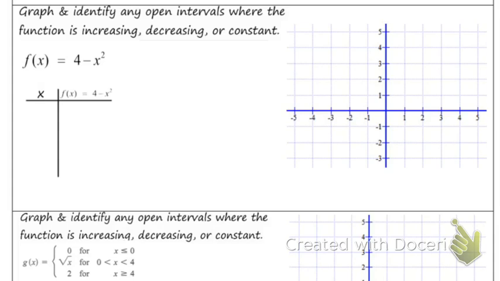Our next one is graph and identify any open intervals where the function is increasing, decreasing, or constant. All right, so we have 4 minus x squared, so we're just going to plot some points on it. We're just going to do -2, -1, 0, 1, and 2.